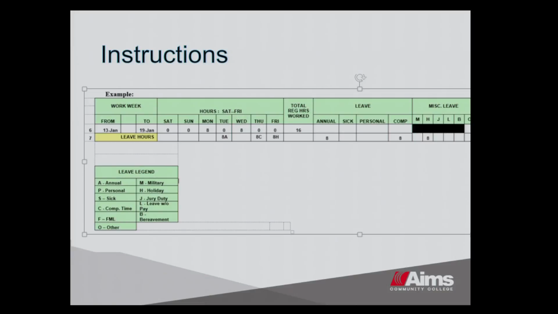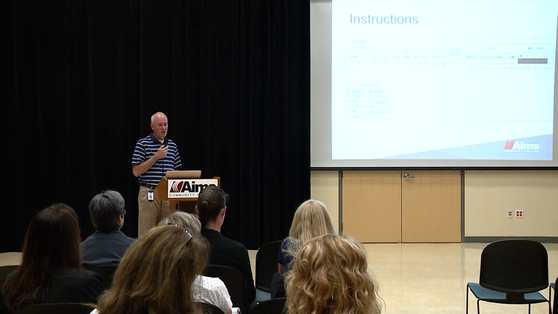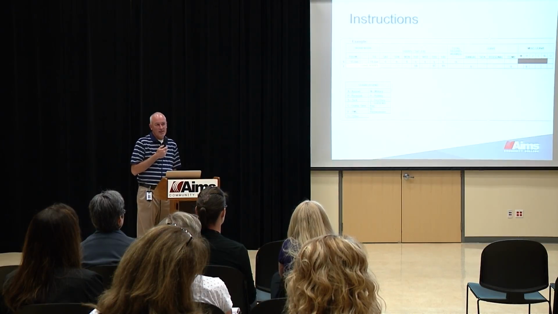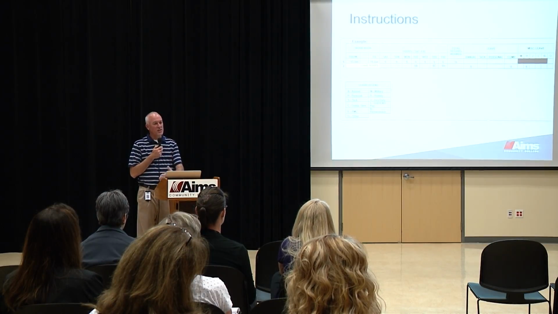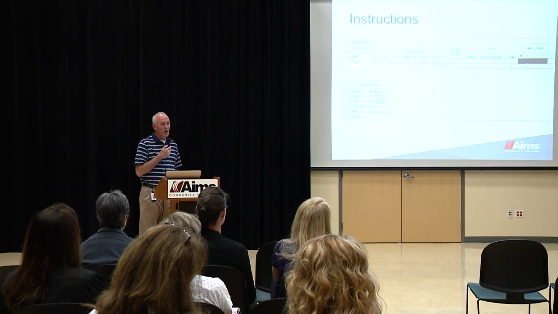If somebody is out on FML, we do ask that they put sick as well as FML, because the sick will tell us what type of pay to take, and the FML will tell us to record that time for their usage of FML. The hours worked should all carry over and compute in the other columns over in the leave usage as well as total hours worked. It's fairly simple, but it just takes a little bit of practice to get used to how they work.